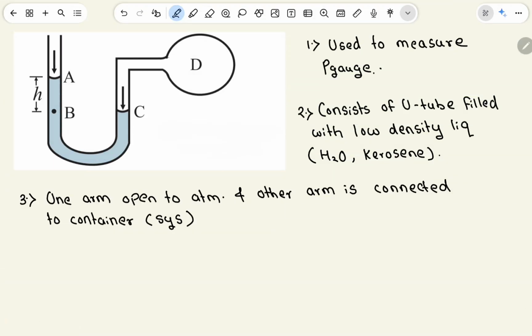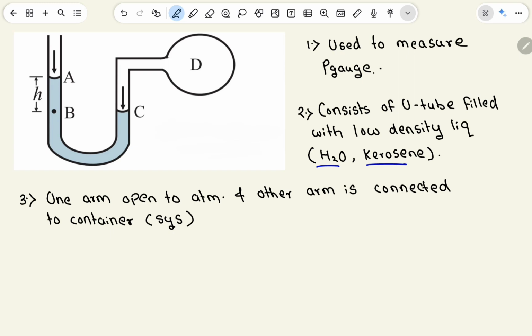Let's first start with the construction of the open tube manometer. It consists of a U tube as shown in the figure, and it is filled with a low density liquid, mostly water or kerosene.